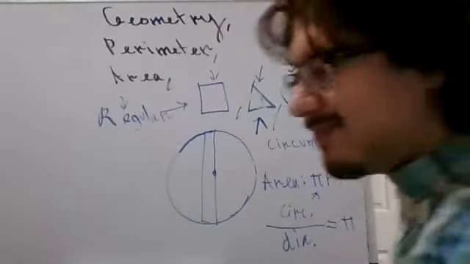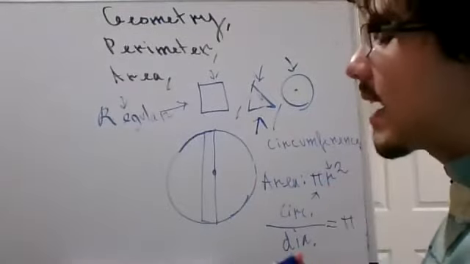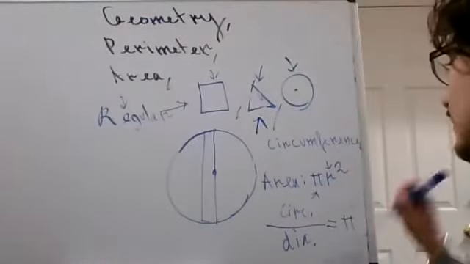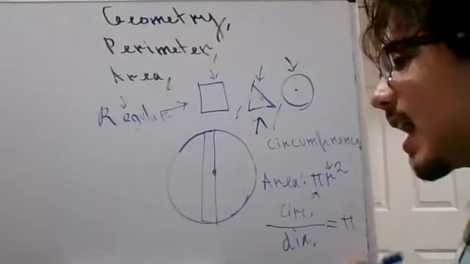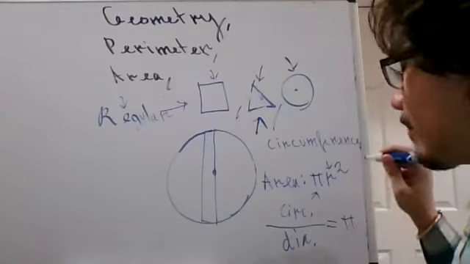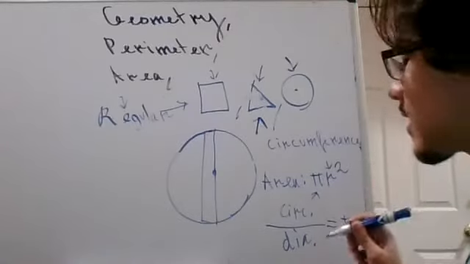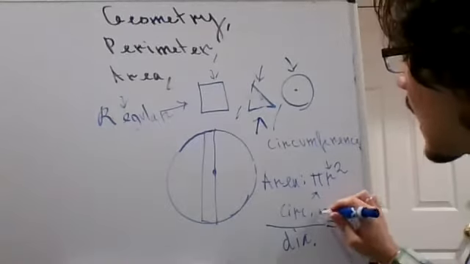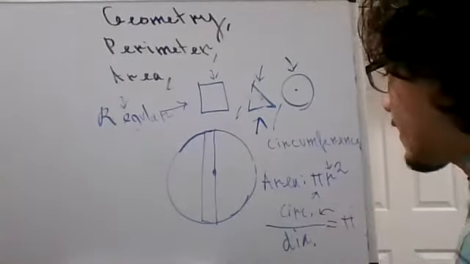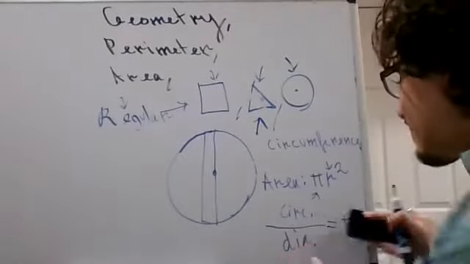If you remember, we talked about irrational numbers back in the real number system. So pi is a number that cannot be expressed as a regular fraction, but can be expressed as the circumference over the diameter. That comes out to the ratio of pi.